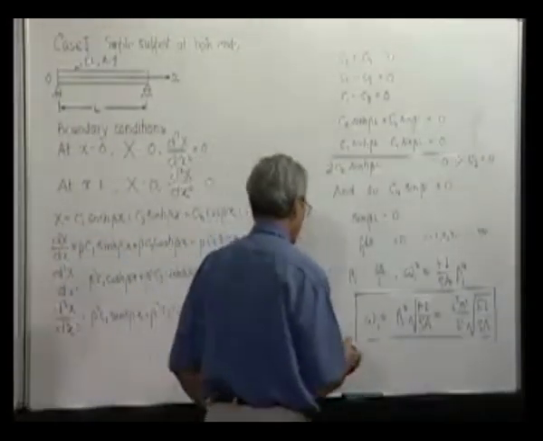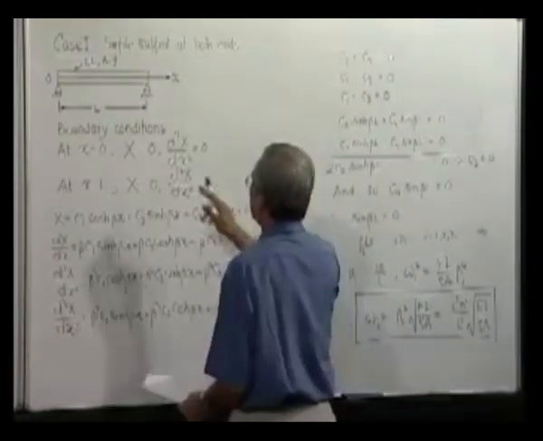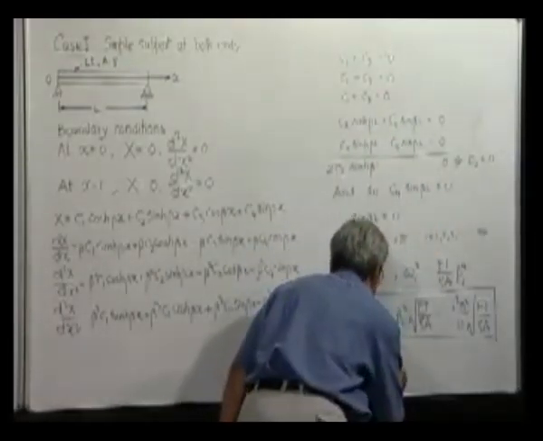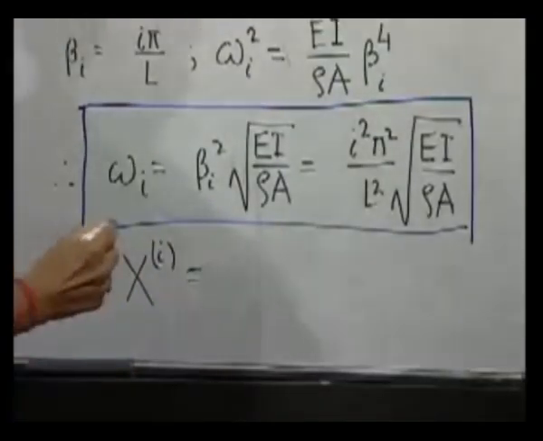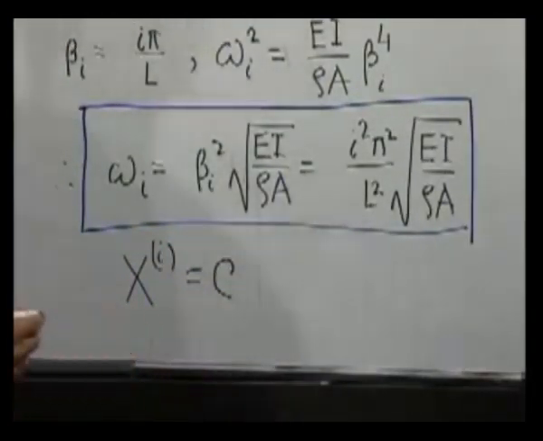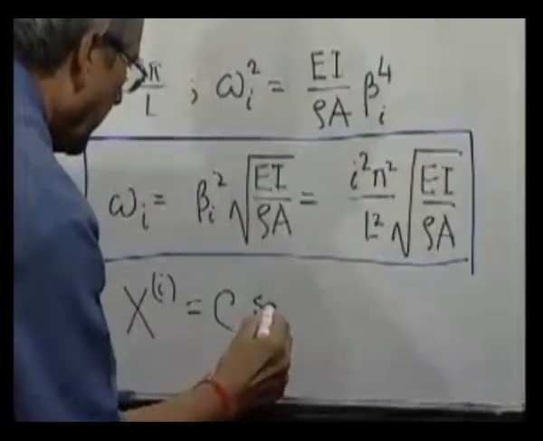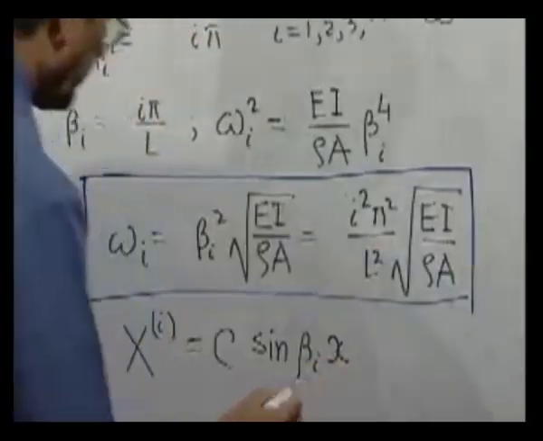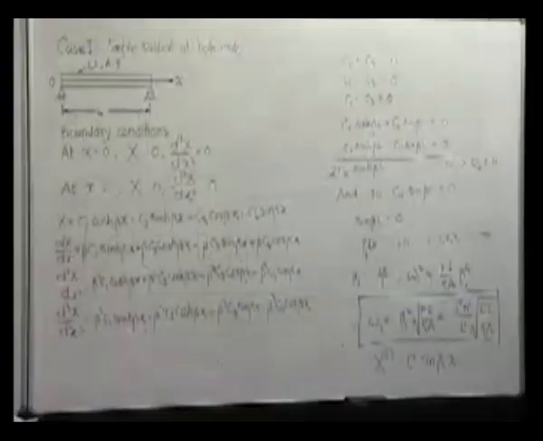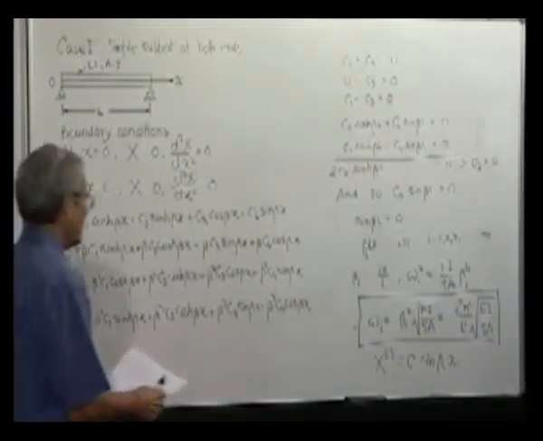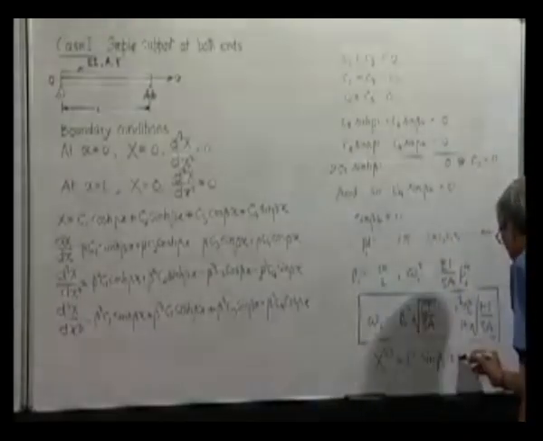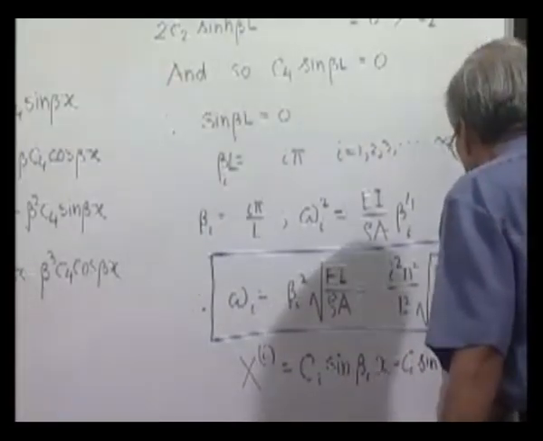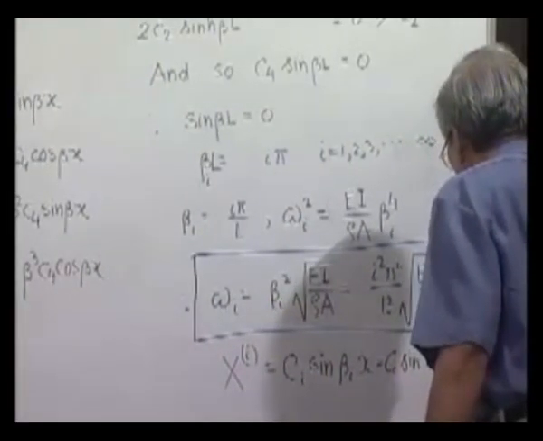And we also can find out here, since C1 equal to C2 equal to C3 equal to 0, the x in the ith mode is nothing but C4 sin(beta I x), or since beta I equal to this, C sin(I pi x by L).